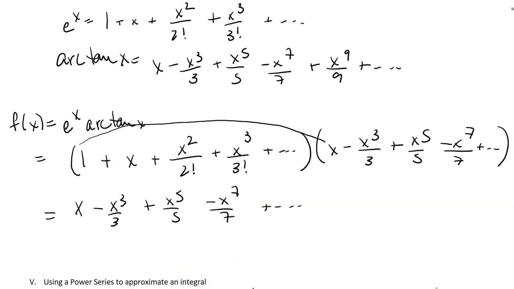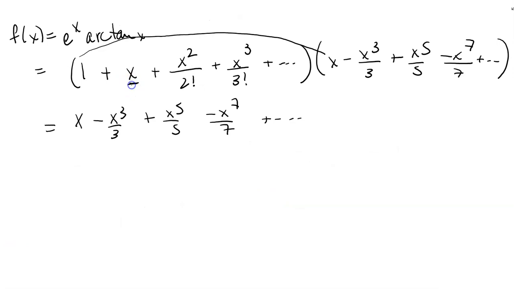Okay. When I distribute the x, I would get x squared minus x to the 4th over 3 plus x to the 6th over 5. You see how it's filling in those terms that are missing.